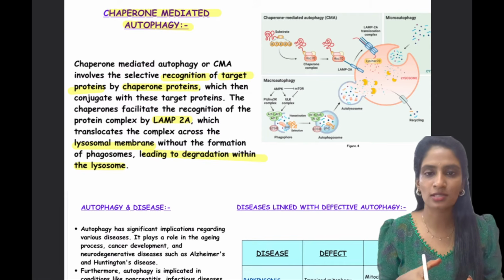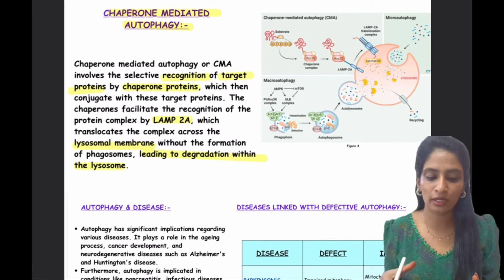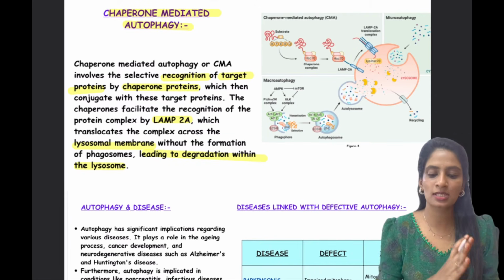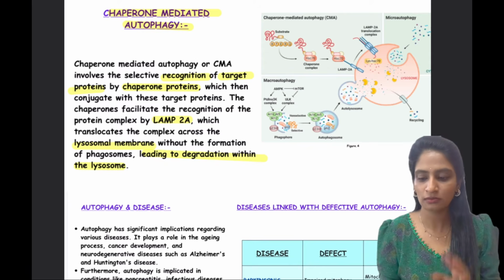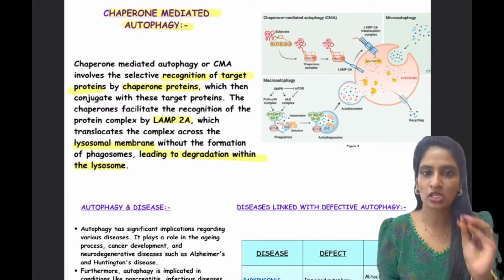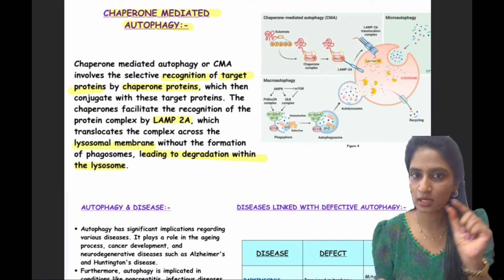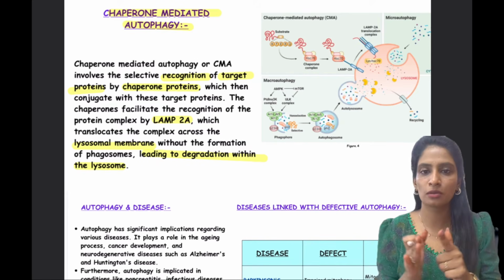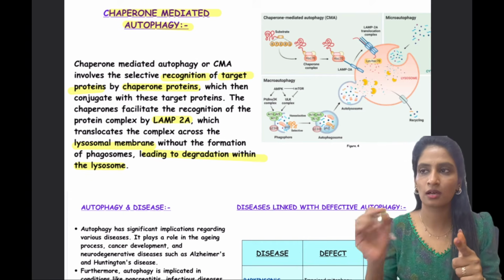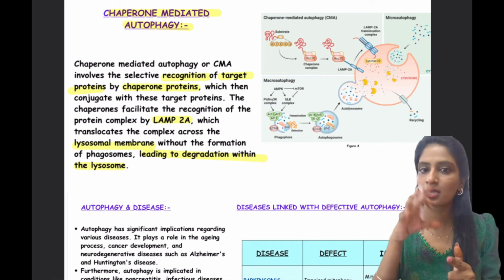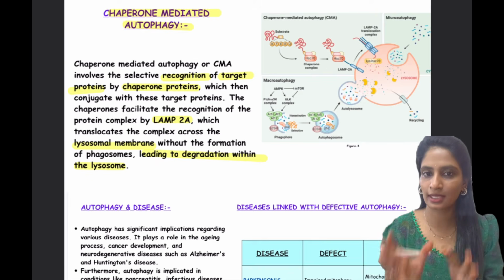Once this is done, there is no vesicle, no autophagolysosome, nothing is needed here. This is a direct engulfment. That is the key concept of chaperone mediated autophagy. A specific protein is there, a specific chaperone is there, and they both interact. LAMP2A is a gate receptor which acts like a key.